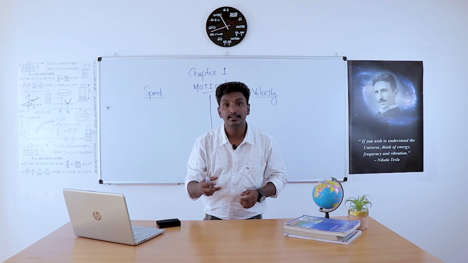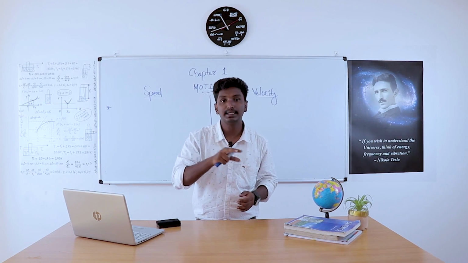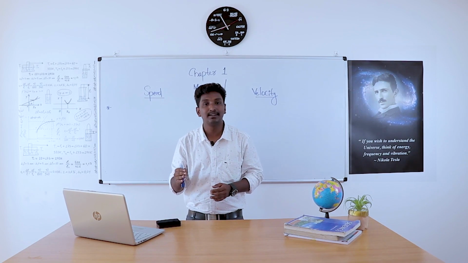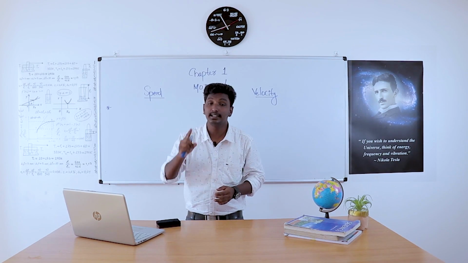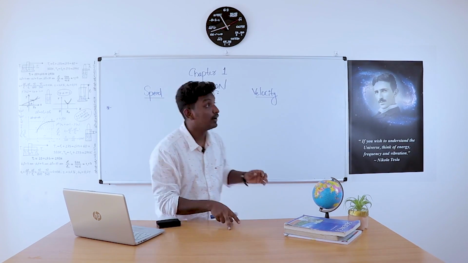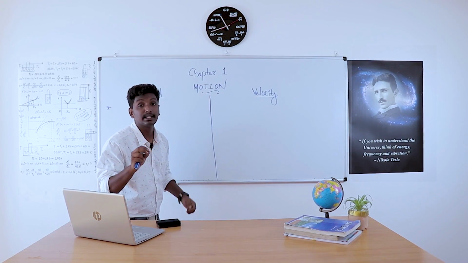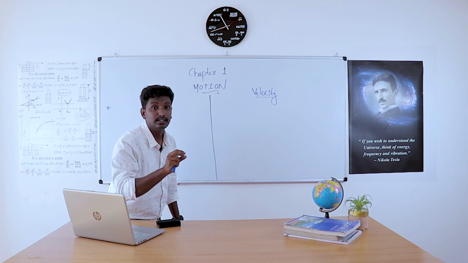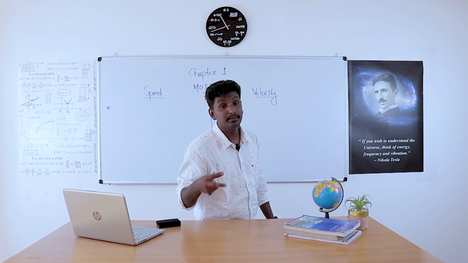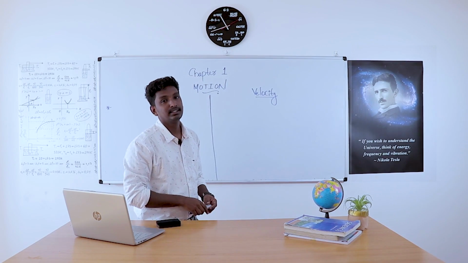In other words, we can say it in meter and second. If an object is traveling 10 meters in 1 second, then we can say the speed of the object is 10 meters per second. That means the object can travel 10 meters in 1 second.